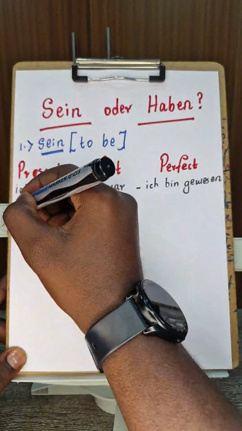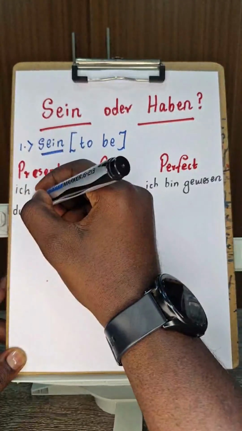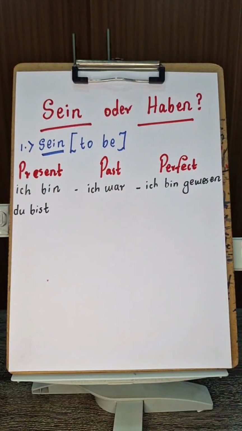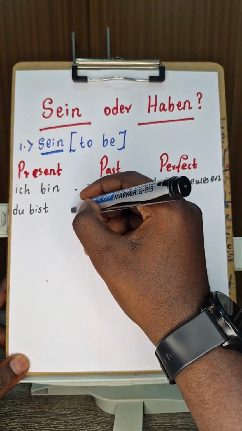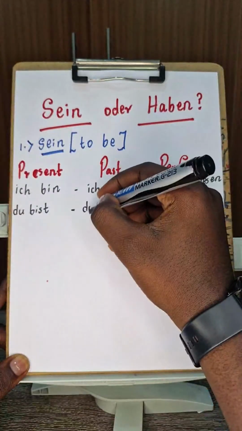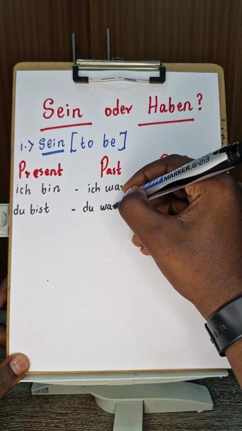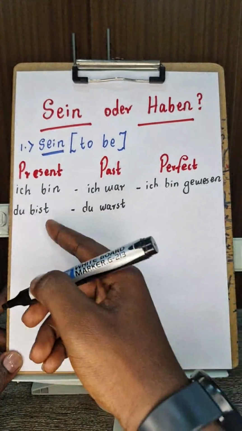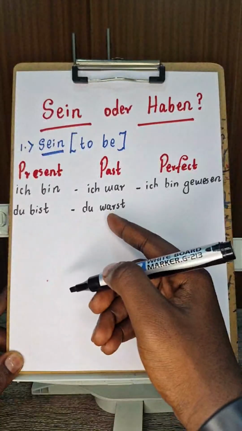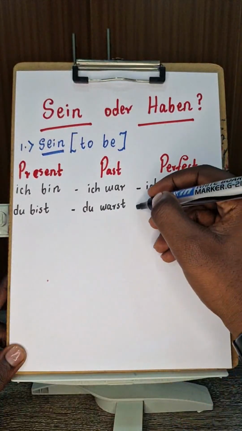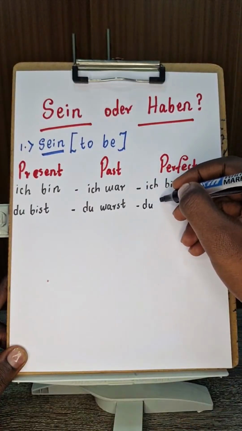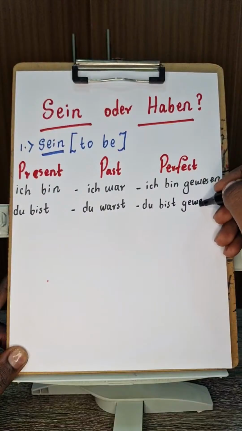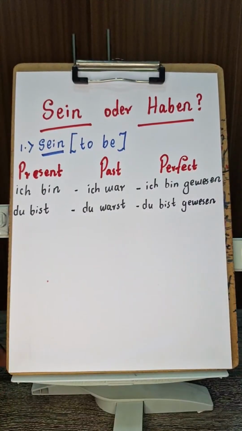Now, how about the du form? In the present, I would say du bist, which means you are. In the past tense, you would say du warst, you were. And in the perfect, it becomes du bist gewesen, which means you have been.